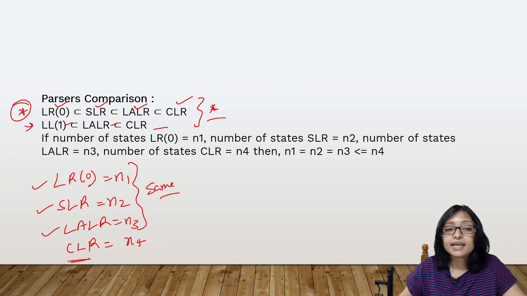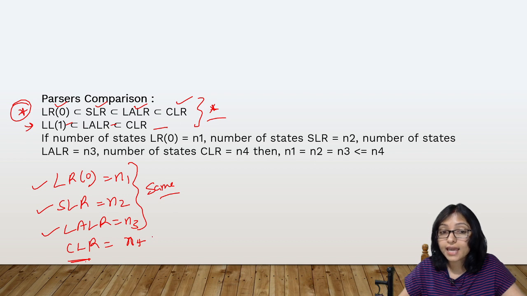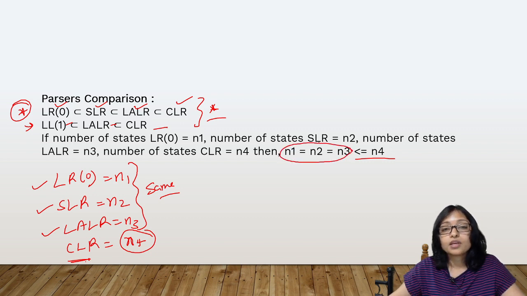Only the CLR takes more states or the same. It can be greater than or equal to, and these others are all the same. From here questions are coming.